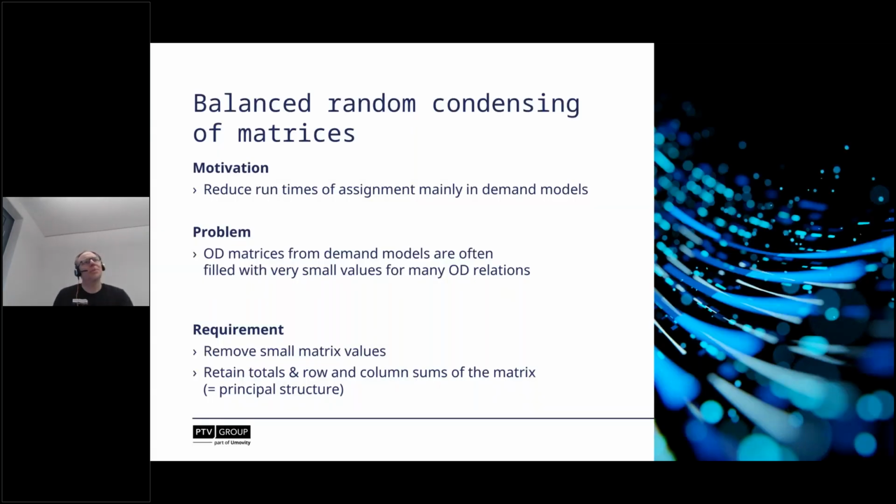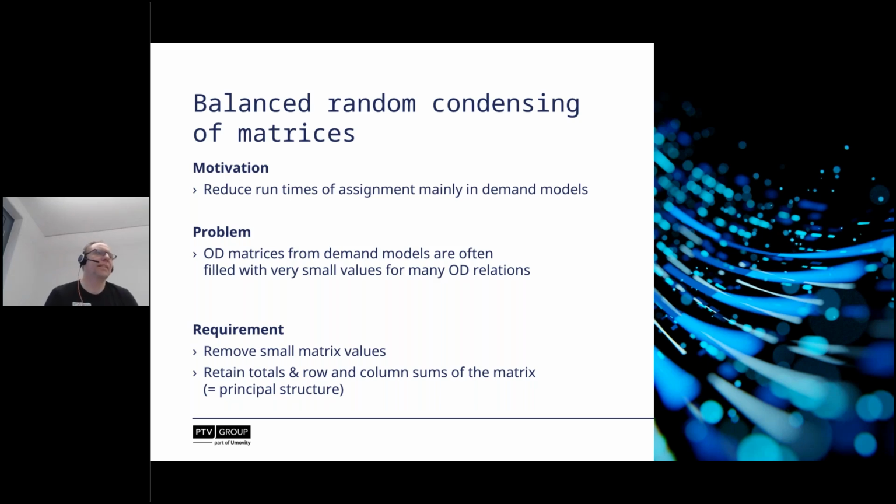A more general feature, which is not only for private transport, but also for public transport, is what we call the balanced random condensing of matrices. The aim of that is to reduce runtimes of assignments, which is of course appreciated by everybody. What often causes long runtimes of assignments is that matrices are often very highly populated and often populated with very small values for many OD relations, which is a result of how demand models work.